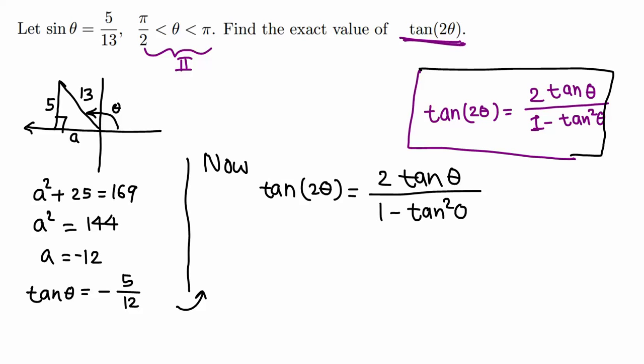That is 2 times tangent theta, which is negative 5 over 12, all over 1 minus tangent squared theta, so tangent theta quantity squared. Okay, tangent squared theta means tangent theta quantity squared, negative 5 over 12.